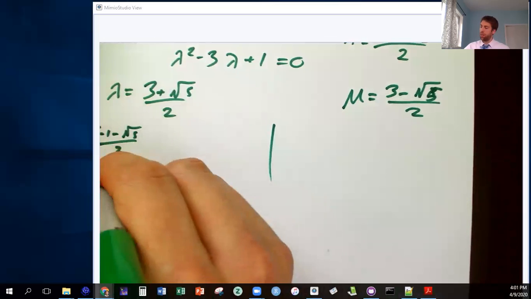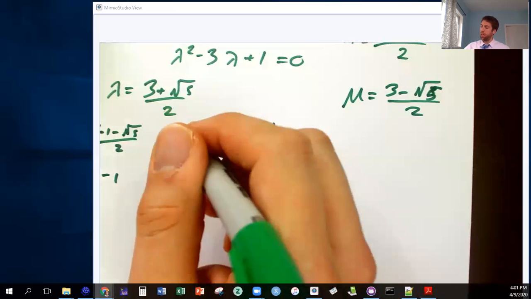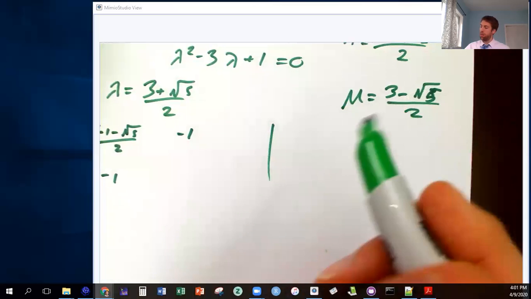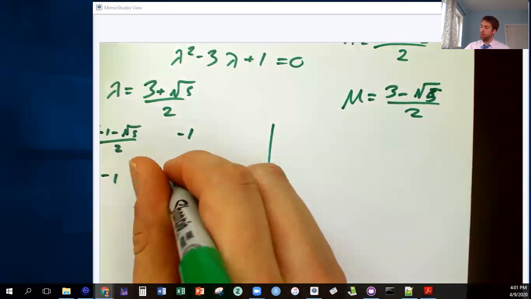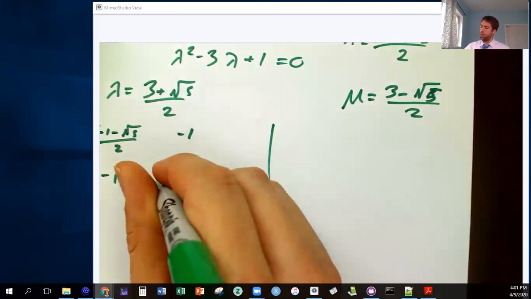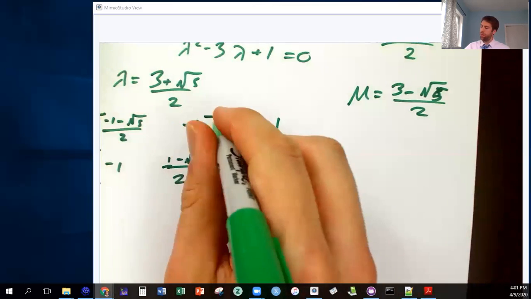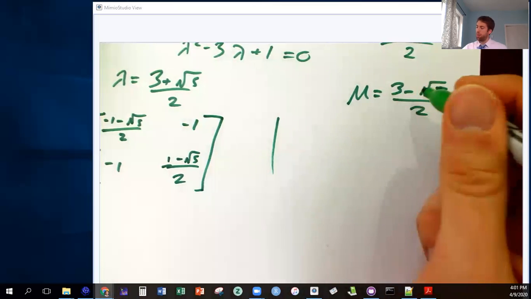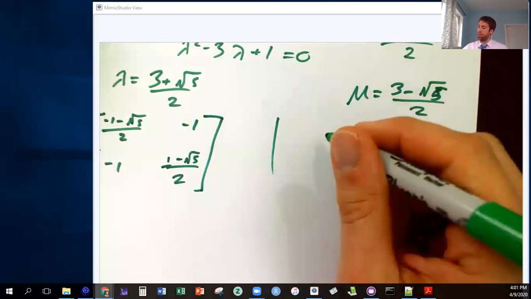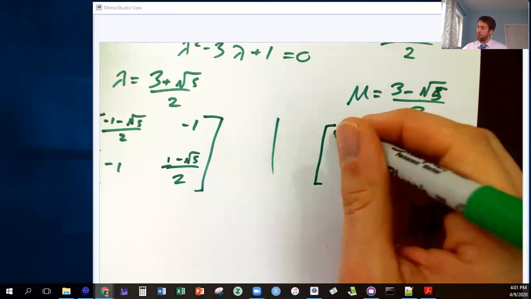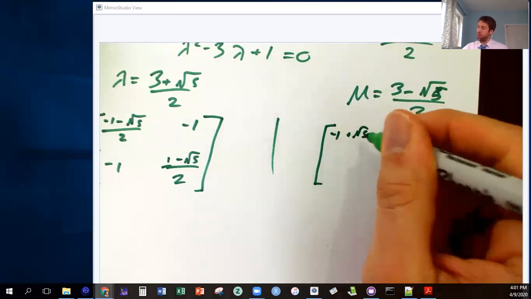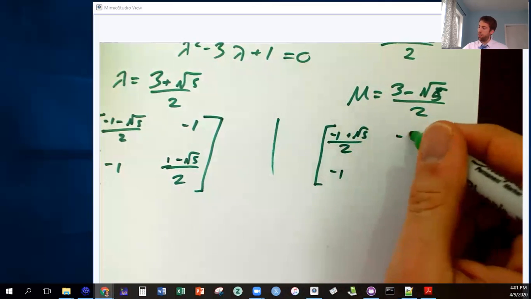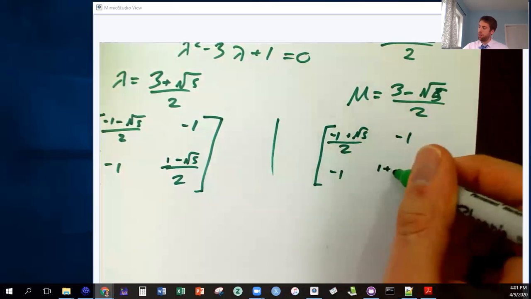And then I've got -1 and -1, and then 2 minus this is a +1/2 minus square root of 5 over 2. And then this option over here, the same, but the square root of 5 is minus and negative is positive. So -1 plus square root of 5 over 2, and -1, and -1, and 1 plus square root of 5 over 2.